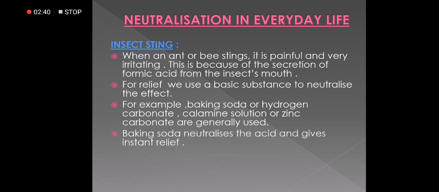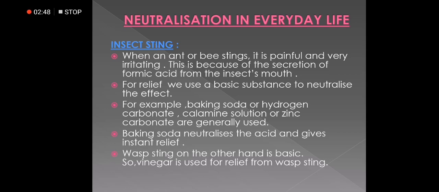The baking soda neutralizes the acid and gives instant relief. On the other hand, wasp sting is basic in nature. So, to neutralize the effect of this base, vinegar is used. The other name of vinegar is acetic acid. If you all remember, we studied this when we were talking about acids.